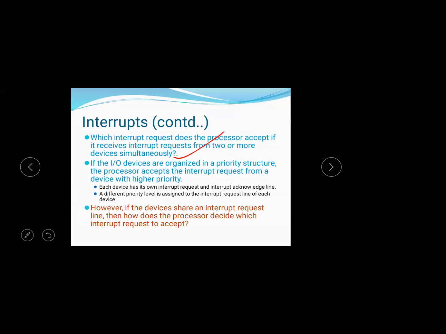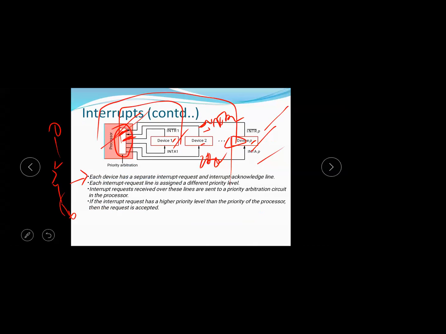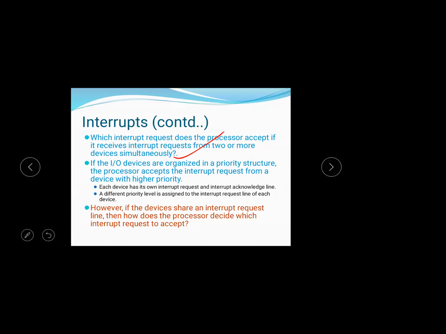Device 1's INTR input has the highest priority and device P's input the least priority. So the first device and the fourth device are both sending an interrupt at a time. Device 1 has the highest priority, so only device 1's INTR is accepted and device 4's INTR is not accepted, because devices are organized in a priority structure. The processor accepts the interrupt request from the highest priority.